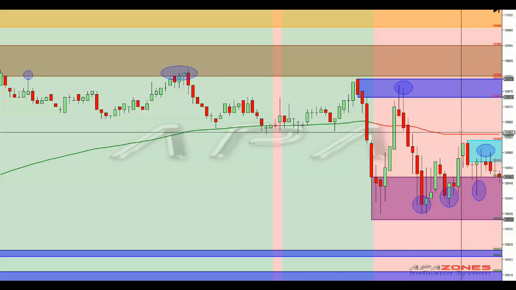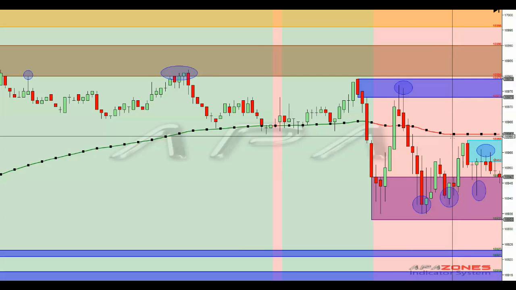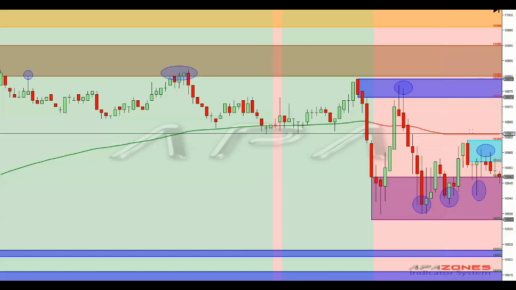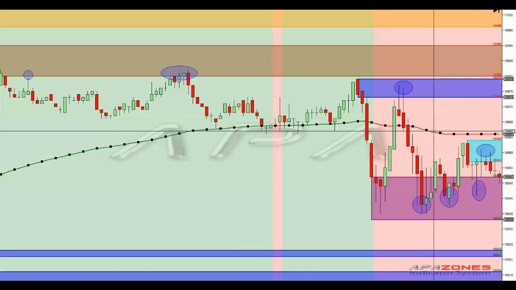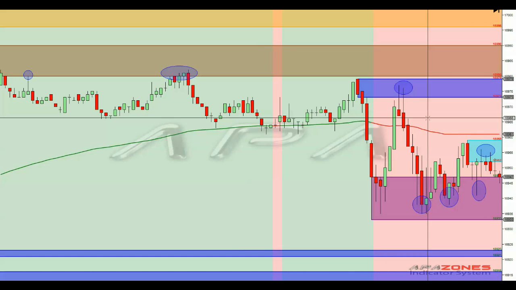Okay, now notice that the trender has turned to a flat line. It is still red, price is still below it, and it was even red when price went through it and retested that zone, and that's because of the special abilities that the APA trender has in it. Those abilities allow it to stay in the direction of trend that it feels is happening, even though price may be on the other side of the trender.